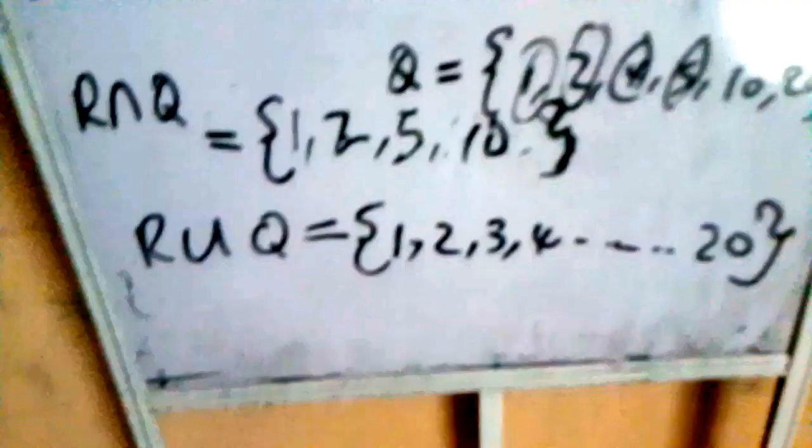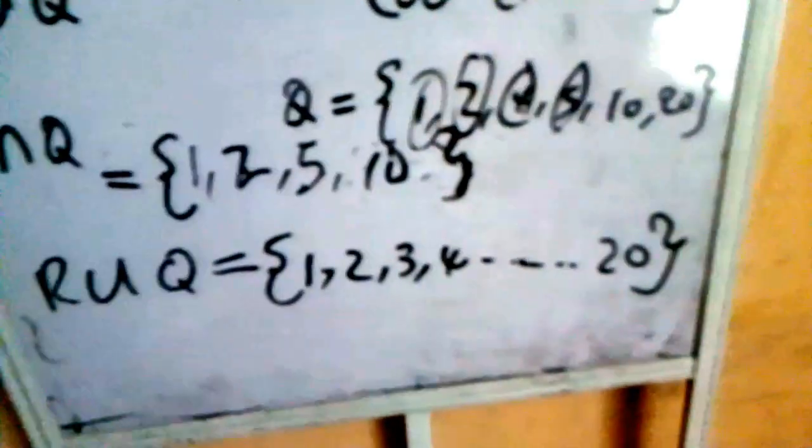So since R is from 1 to 19 and Q is 1, 2, 4, 5, 10, and 20, we are going to write 1, 2, 3, 4 to 20. So this is the set R union Q.